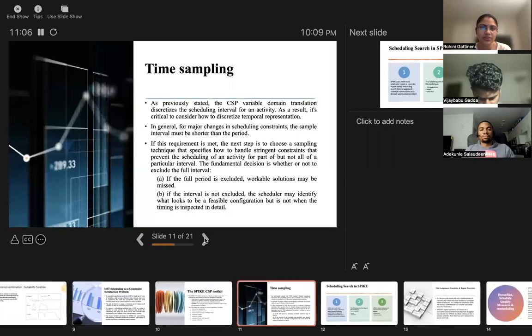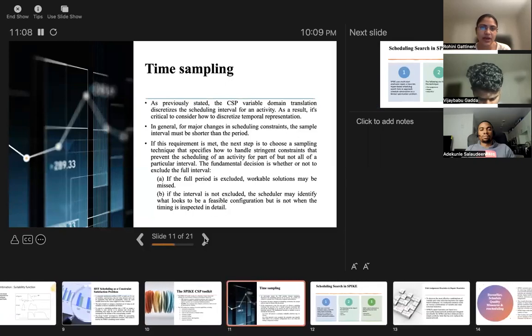Now let us look into the time sampling. As previously stated, the CSP variable domain discretizes the schedule interval for an activity, and as a result, it considers how to discretize the temporal representation. In general, for the major changes in scheduling constraints, the sample intervals must be shorter than the period.